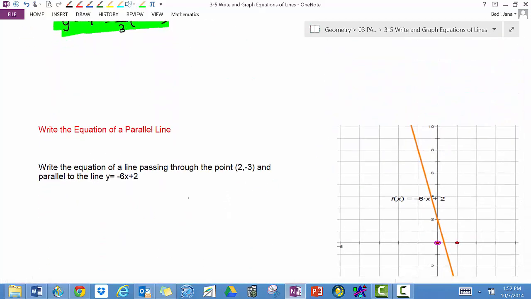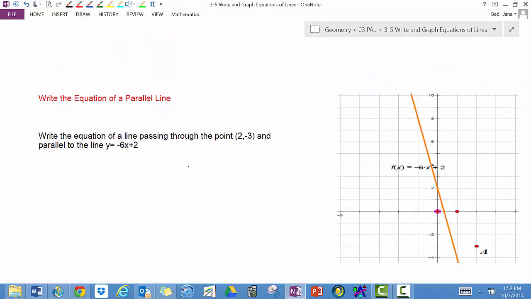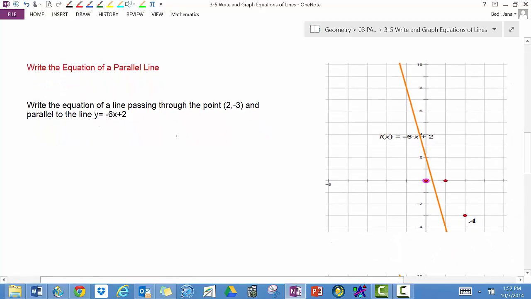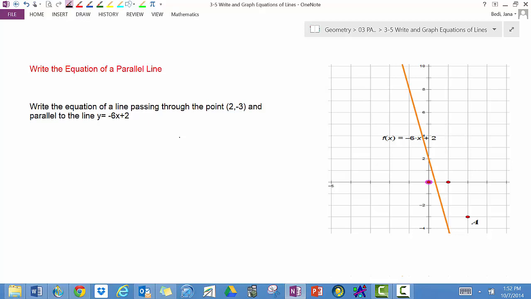Next, we move to the equation of a parallel line. So you're given a point, and the point that you're given is (2, -3), and we want the equation of a line passing through the point and parallel to the line y = -6x.